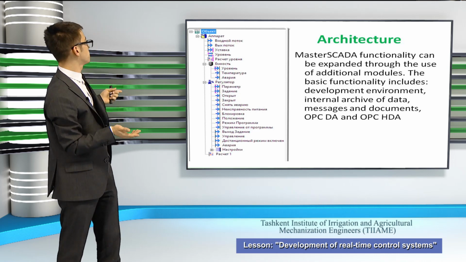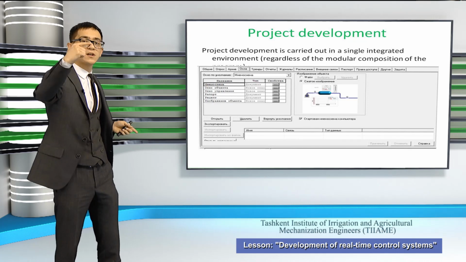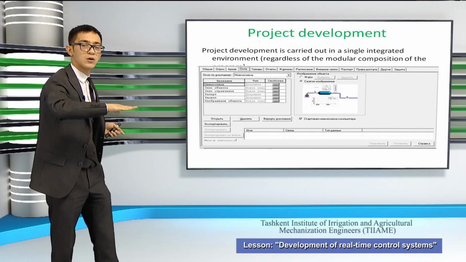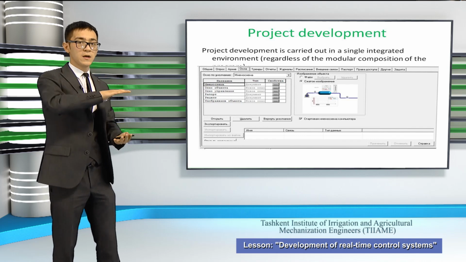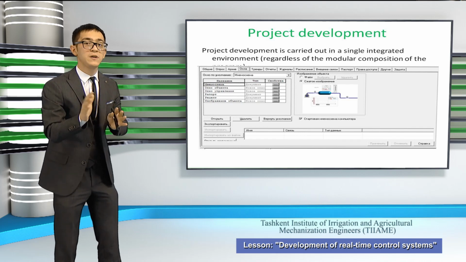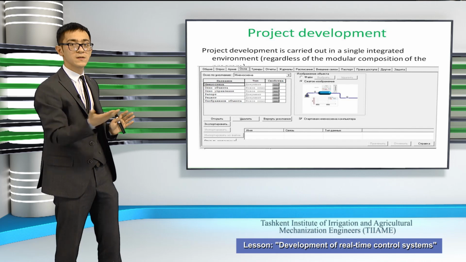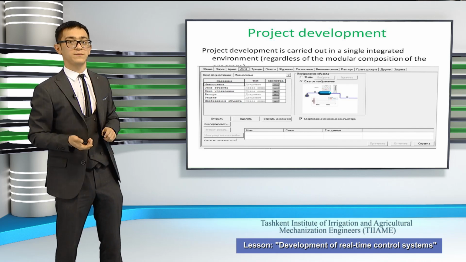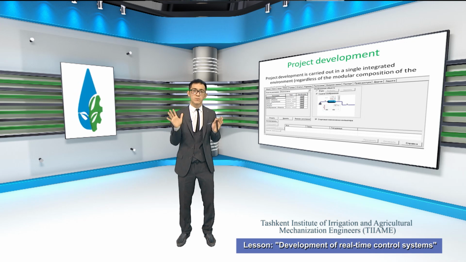Let's see the structure. The structure from top to bottom comes from a physical value, and down it goes to a tank, if you have a tank where you will collect your water, and lower it goes to a regulator, which regulates according to a PID controller. In essence, all of this is the controlling structure. Next, we need project development, making your project.